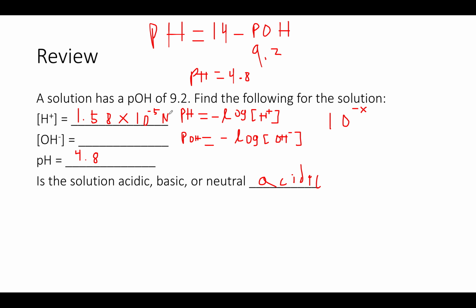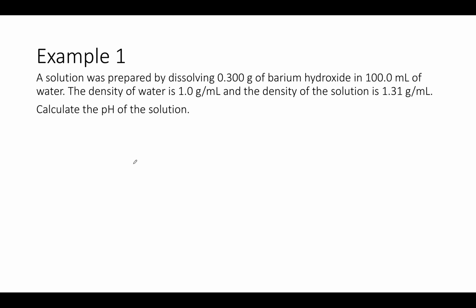And when you take 10 to the negative 9.2 to get the hydroxide ion concentration, you get 6.3 times 10 to the negative 10 molar. Important to note that in an acidic solution, your hydrogen ion concentration should always be greater than your hydroxide ion concentration, and that makes sense here. So you need these skills to calculate the pH of strong acids and bases.